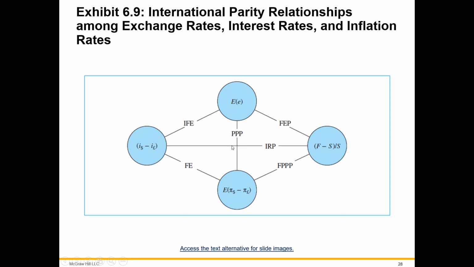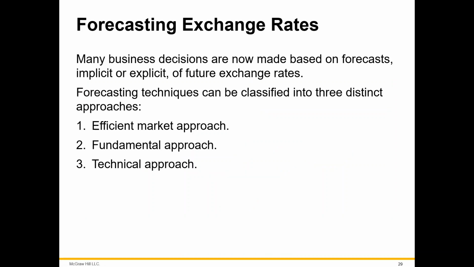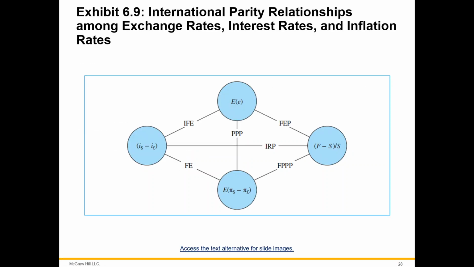This one doesn't work so well, this one works really well, and this one works kind of well. So you'll get a different level of confidence or reliability in all of these different parity relationships. That's the big penultimate summary of how all these things work.